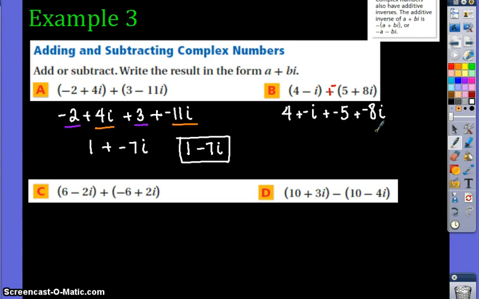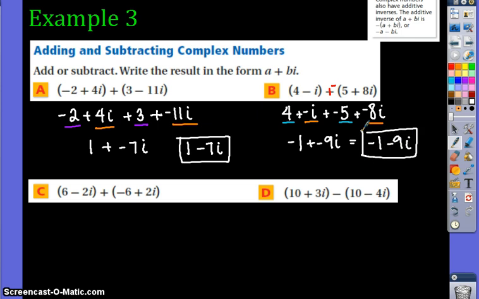All right, so let's go ahead and combine our like terms. Here's our real components, here's our imaginary components. Let's get those added. 4 and a negative 5, that would be a negative 1. And then a negative i and a negative 8i, that would be a negative 9, so plus negative 9i. But in a little bit cleaned up form, that would be negative 1 minus 9i.